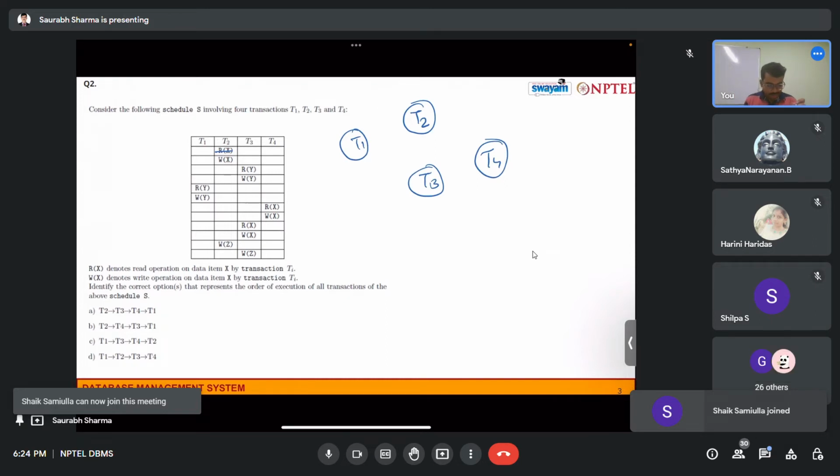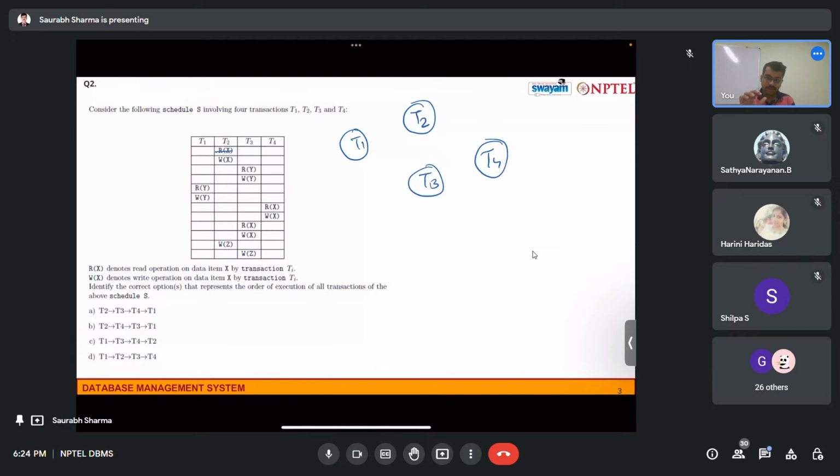So if there is a read, it is occurring at T2. From T2, since there is Rx, we have to search for Wx in different transactions, not in T2. If we search, T1 is free, and in T3 there is Wx.